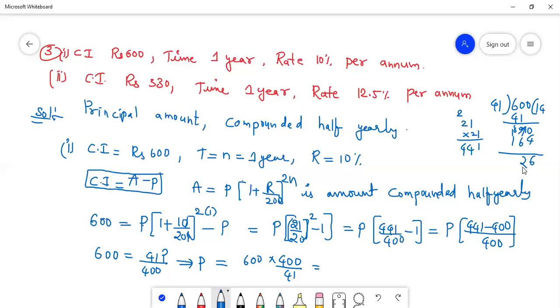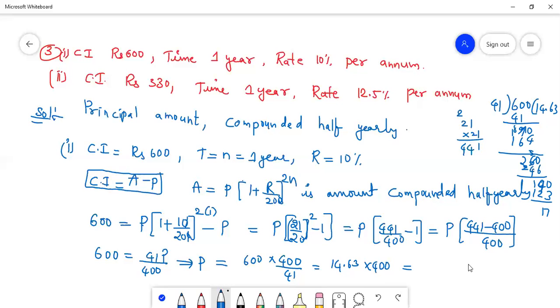Take the point here, 0. 4 sixes are 24, it's 5, so 4 1. Taking 0, 4 threes are 12. So here the value of 600 divided by 41 is 14.63, into 400.